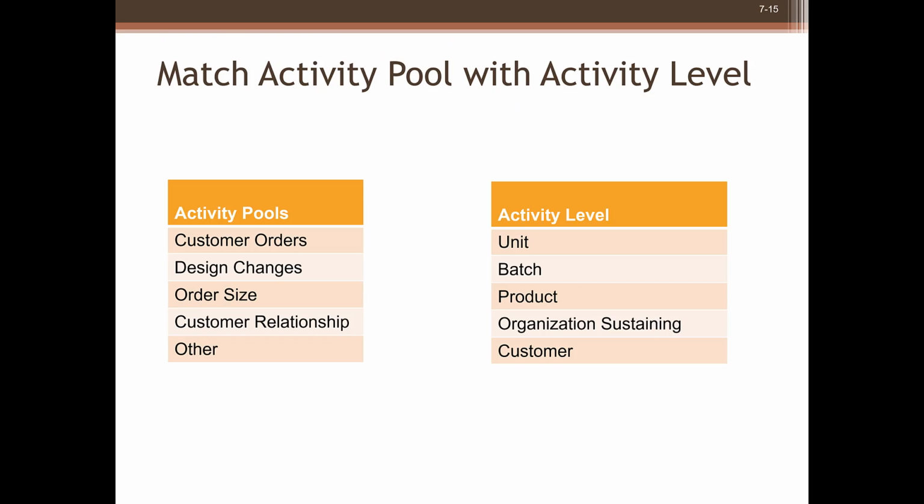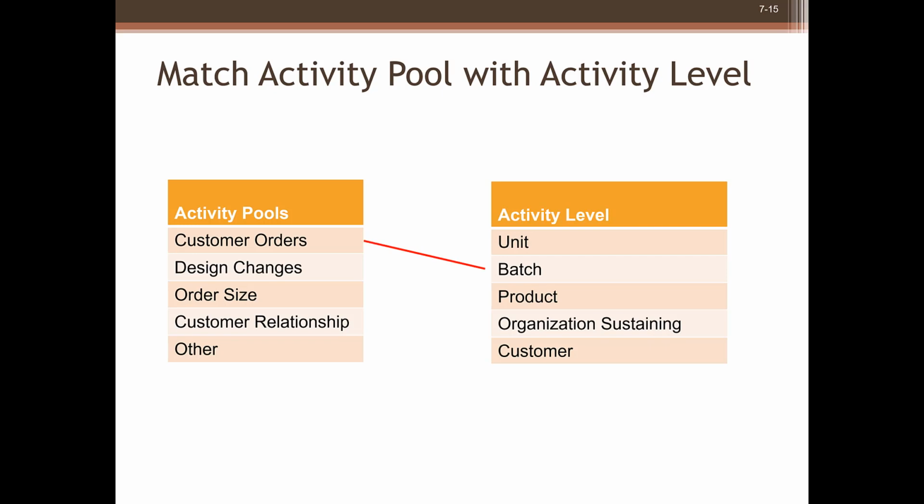In the beginning, we talked about activity levels in ABC. There are 5 activity levels: unit, batch, product, customer, and organization sustaining. Now let's match Baxter Battery Company's cost pools to each activity level. Customer orders is a batch level activity. Regardless of how many units are produced, customer orders will be performed when the batch is processed.